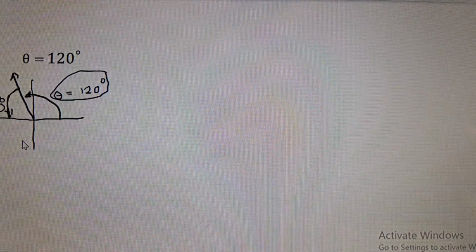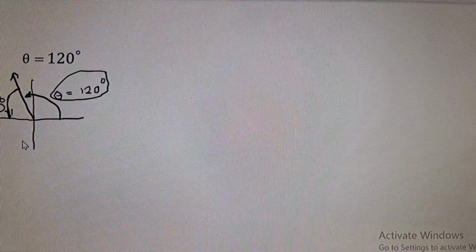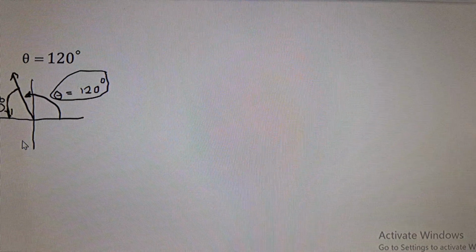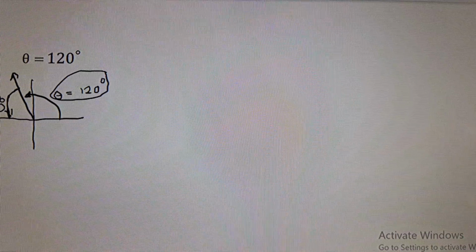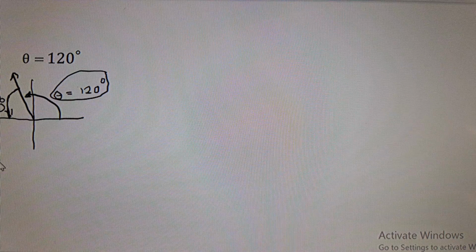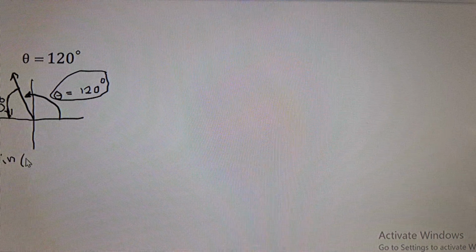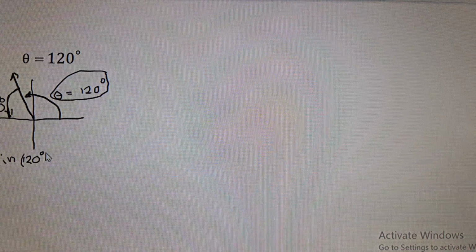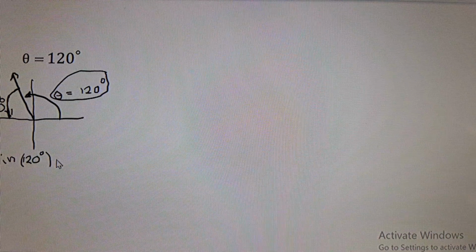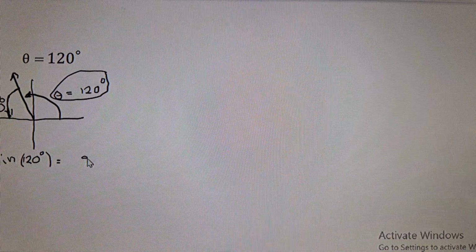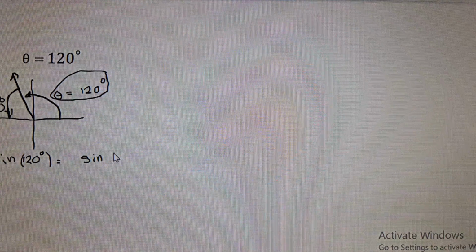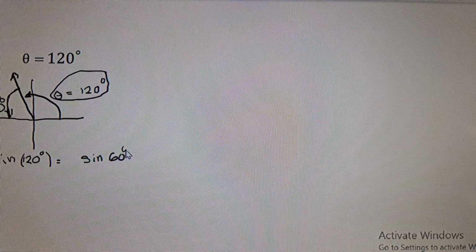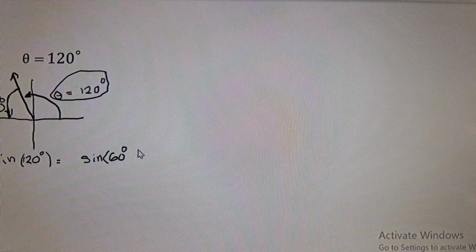In other words, if we want to find the sine of 120 degrees, it is equivalent to the sine of 60 degrees with two conditions.